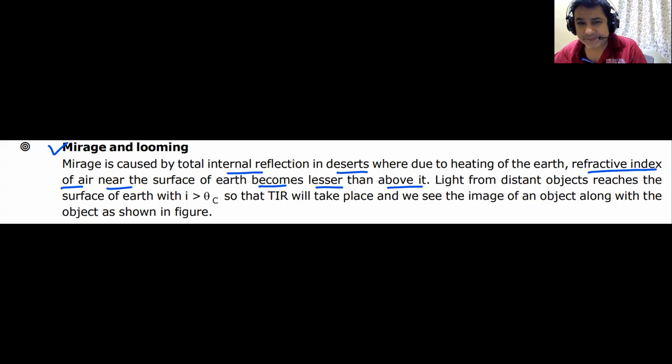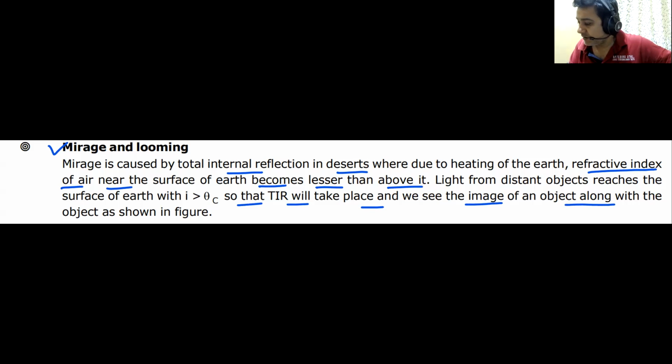Because of that, when you're seeing objects from a height, the air here is denser, here it is less dense, so light is moving from denser medium to rarer medium. So total internal reflection happens and the object's image is seen below it, and that is known as a mirage.